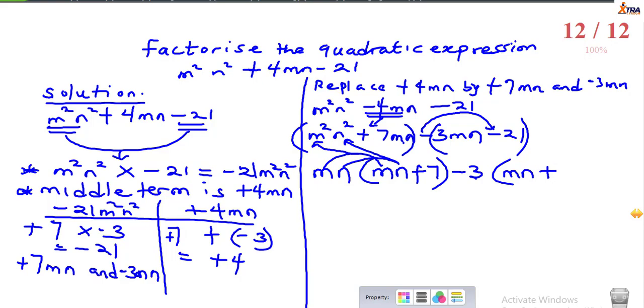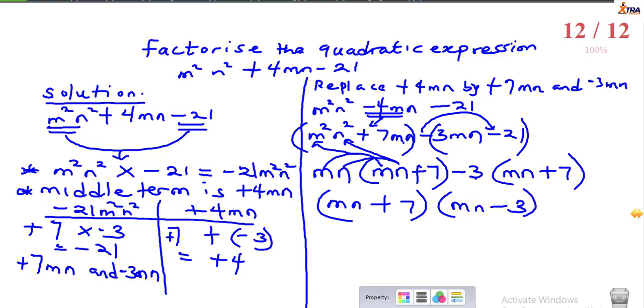Then 3 in 21 is 7. So you can see that what I have in the first bracket, I have in the second bracket. So I have mn plus 7, and of course I'll combine it with mn minus 3, which is the final answer to the quadratic expression, m squared n squared plus 4mn minus 21.